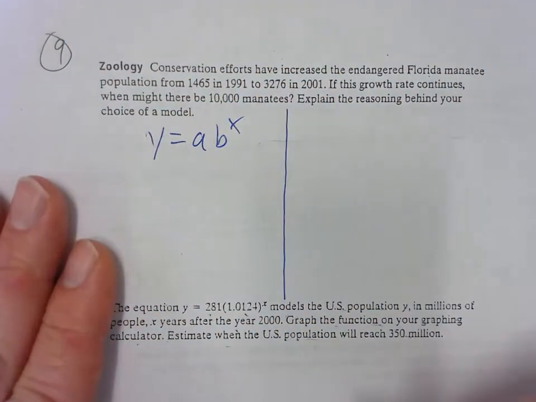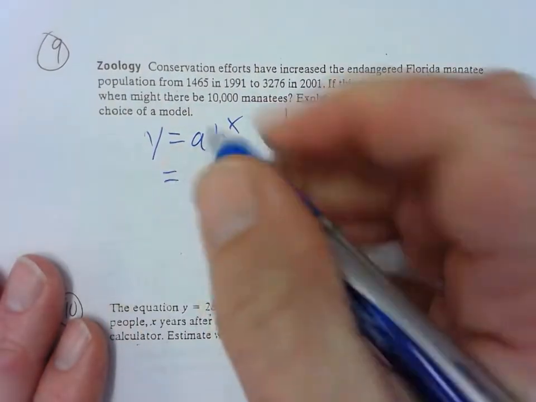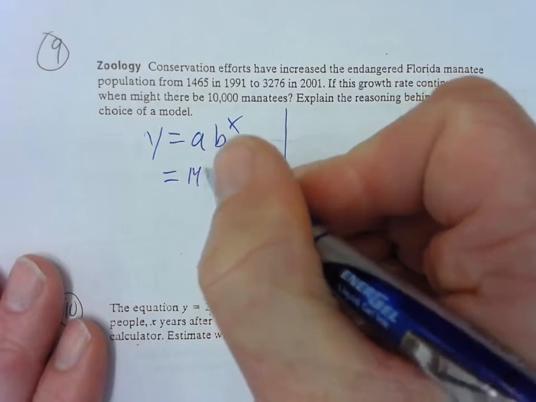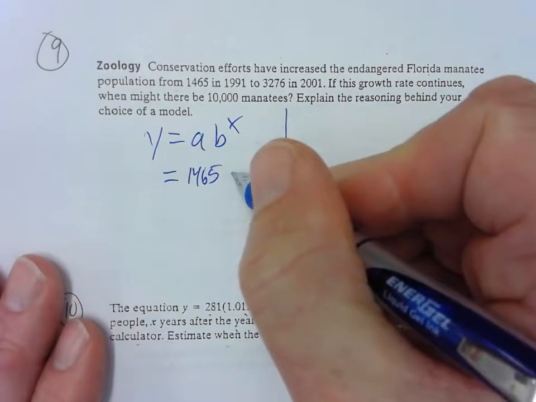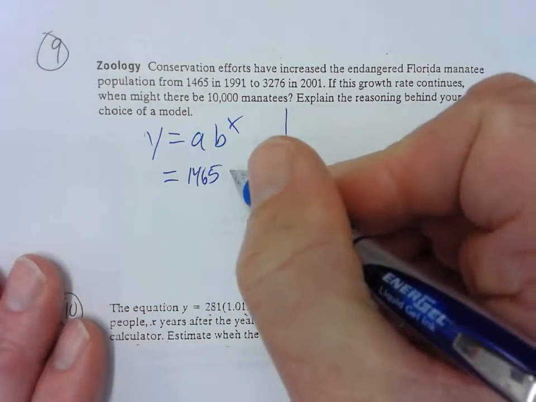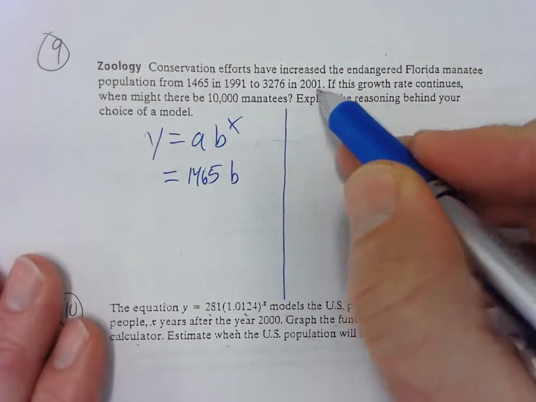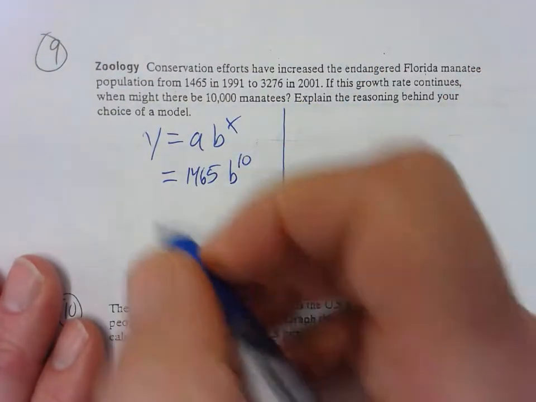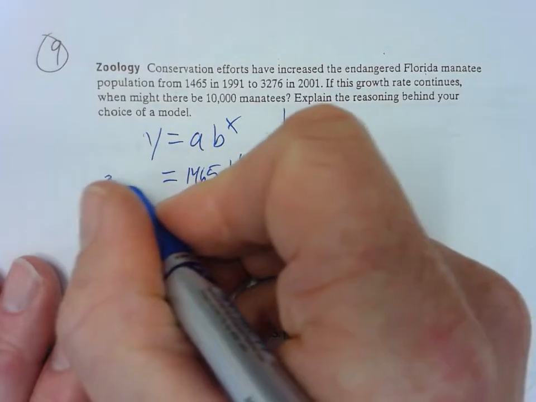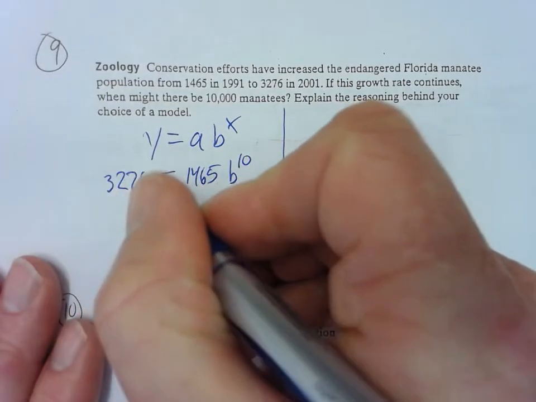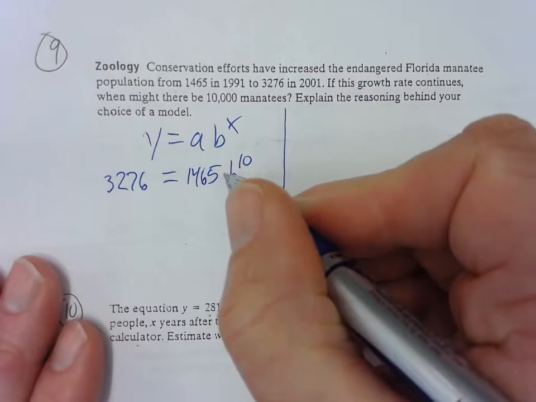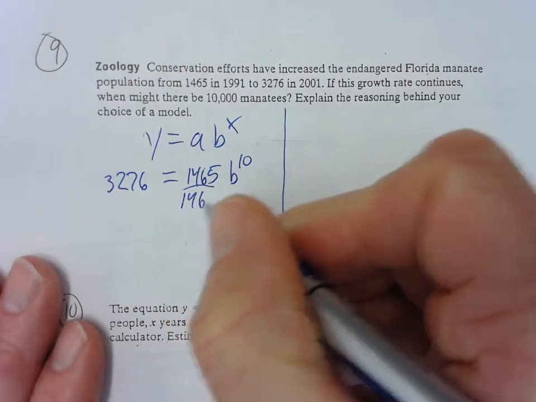for my exponential model. So I'm starting off with 1465 manatee. I don't know the growth rate, so that's b, but it's a 10-year period of time, so it's to the 10th power. And my stopping amount is 3276. There's multiplication right there, so I'm going to divide over the 1465.